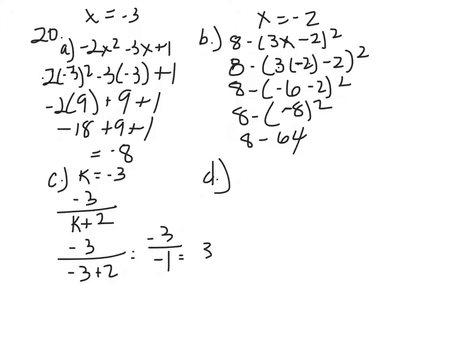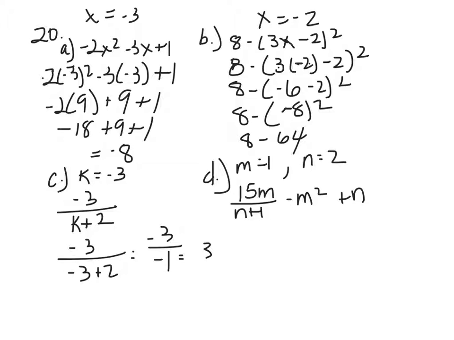Finally, D. M equals 1, N equals 2. 15m over n plus 1 minus m squared plus n.